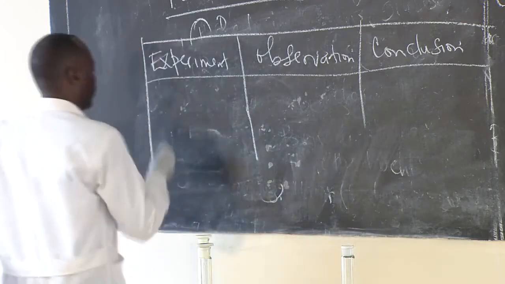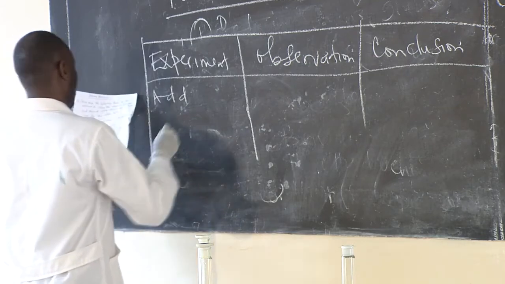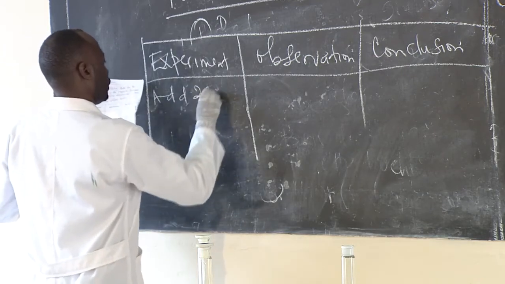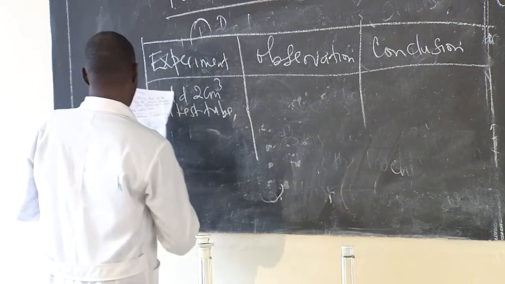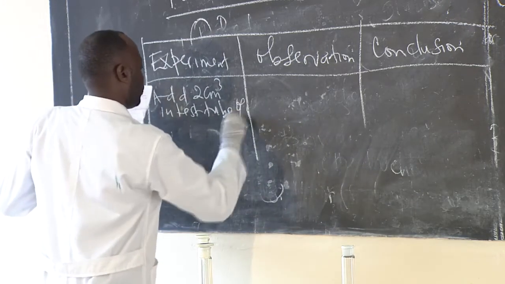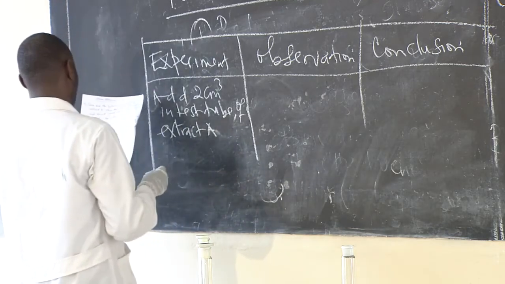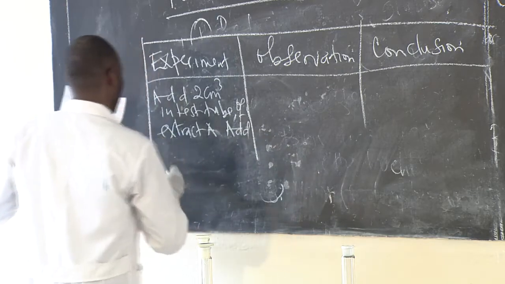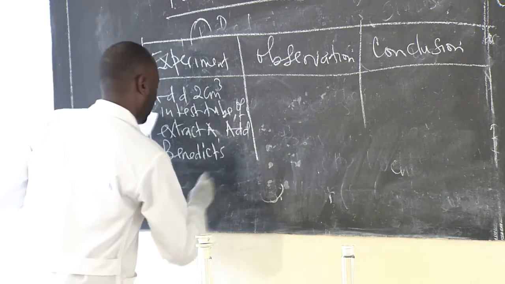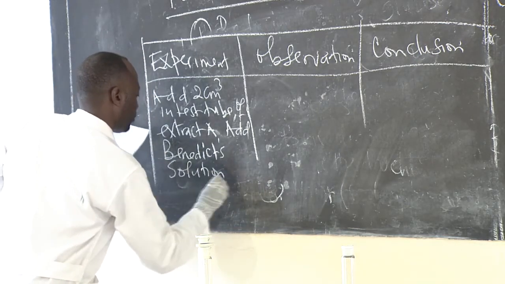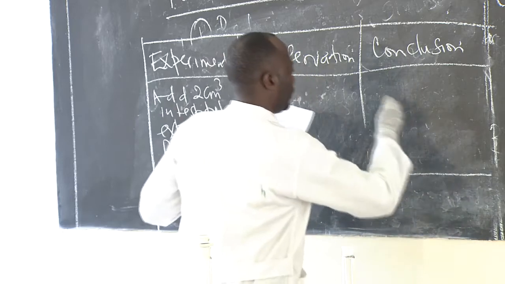Then you say add 2 centimeters cubed of extract A in the test tube, add Benedict solution, and then you make the observation and the conclusion.